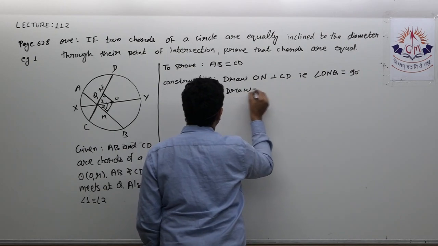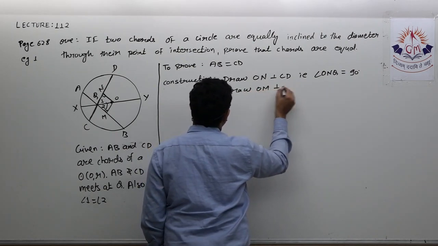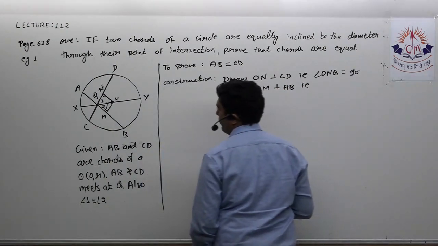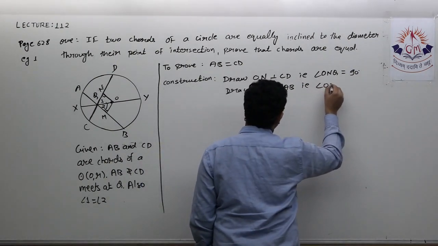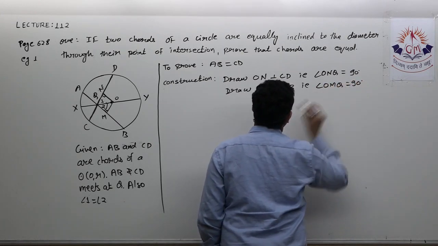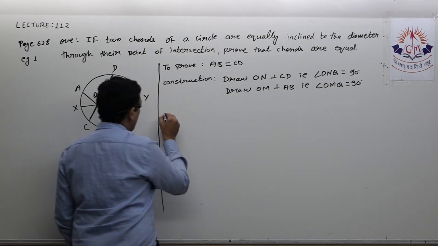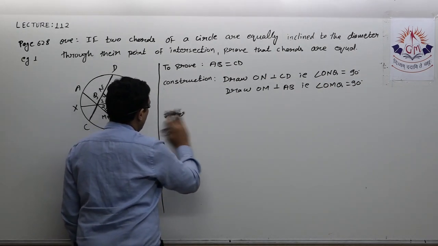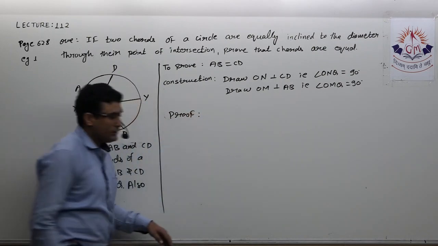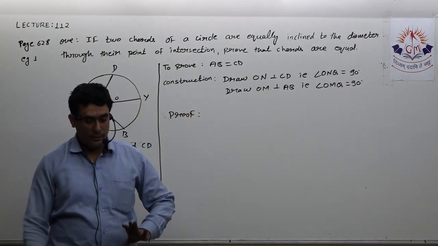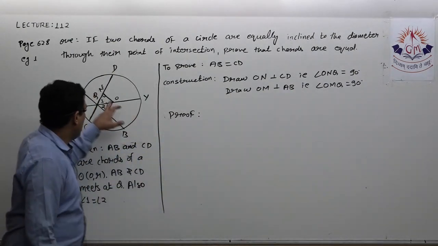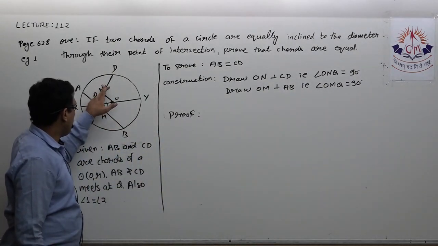Draw perpendicular OM to AB such that angle OMQ is equal to 90 degrees. Okay, so now we'll see its proof. Right now we saw a theorem that says if the perpendicular distances of the chords from the center are equal, then the chords are equal.